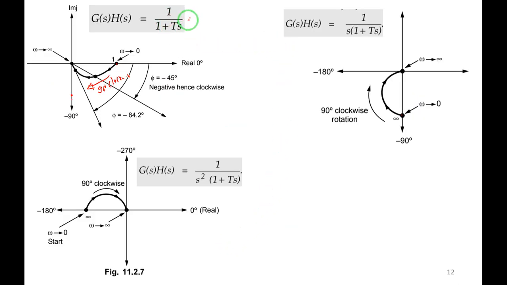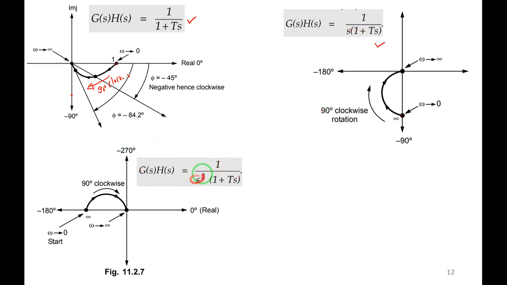So for this simple pole, we are adding one pole at origin. So the starting point shifts by 90 degree here, and the rotation of the plot remains the same like this, right? It is shown here. It shifts here, and this is the plot. I hope you are getting it. Next, if there are two poles at origin, means s square, for example, 1 by s square into 1 plus ts.